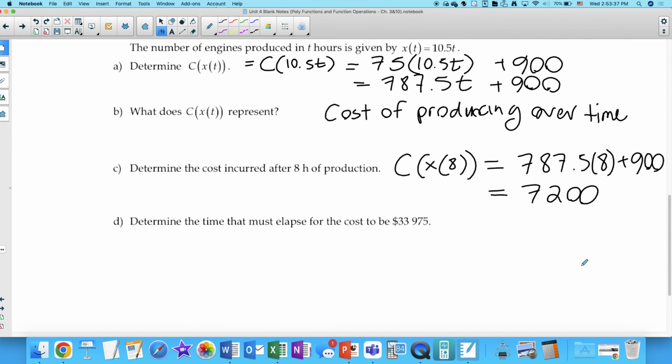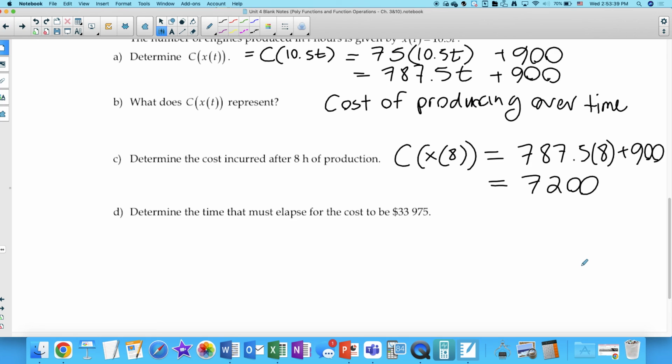Okay, and then determine the time that must elapse for the cost to be this. So now we know the cost, and we want to know how much time has passed. So we can sub this in for the C of x of t. Then we can solve for t.